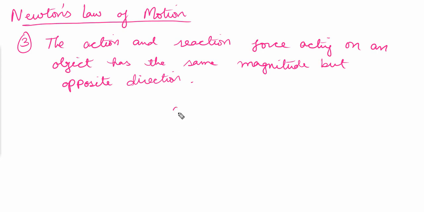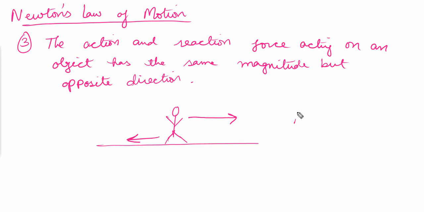So for example, if a person is walking on the floor, he will be pushing the floor backward. That is the action force that he is exerting on the floor. And as a result of that reaction force, he will be moved forward.